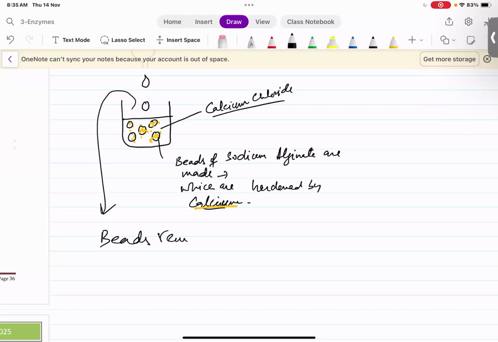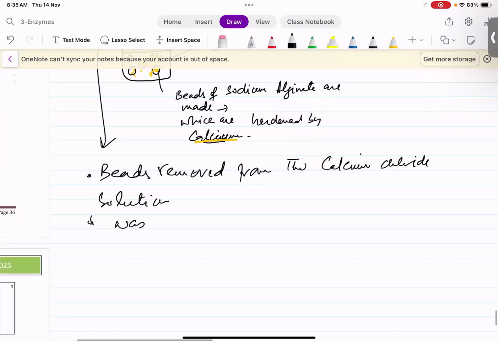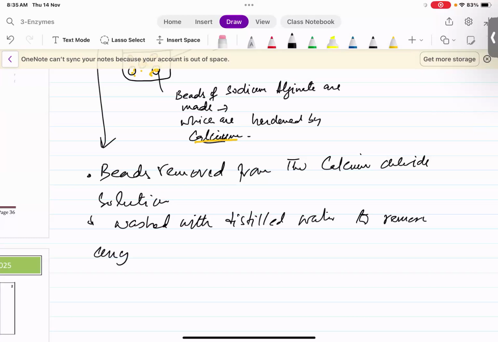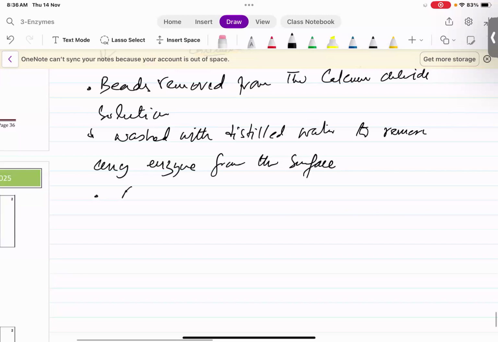Beads removed from the calcium chloride solution, washed with distilled water to remove any enzyme from the surface, and then ready to use.